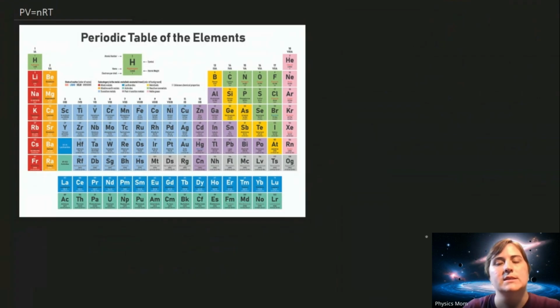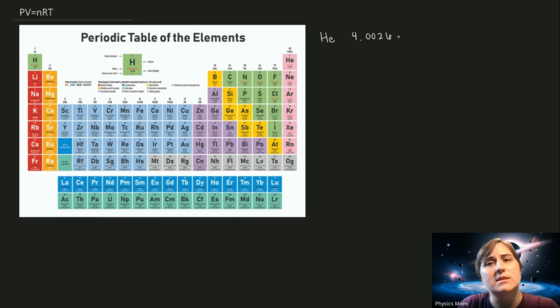We're going to look at an example using PV equals nRT for helium. Helium is a really good example, and one of my favorites for ideal gases, partly because helium is used and produced in stars and nuclear fusion, but it's also the second element on the periodic table. Helium's atomic weight, in AMU, is 4.0026.